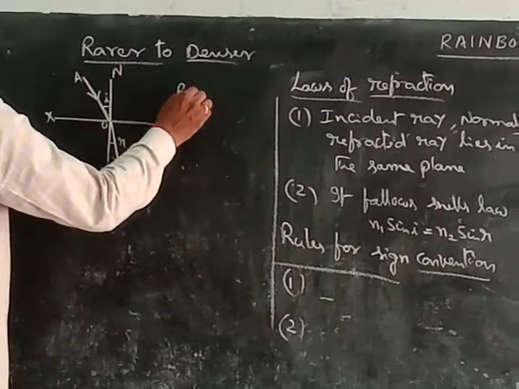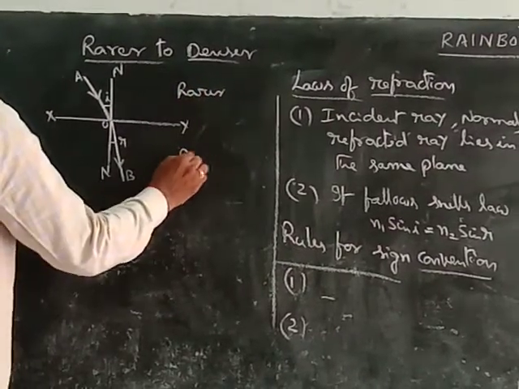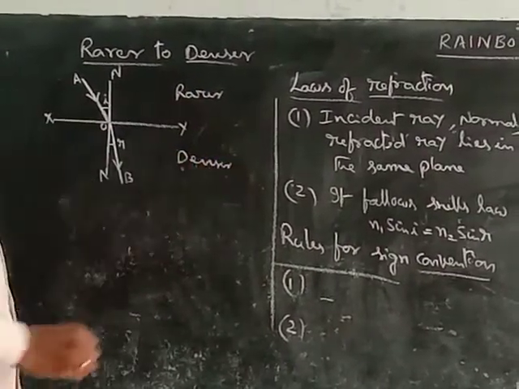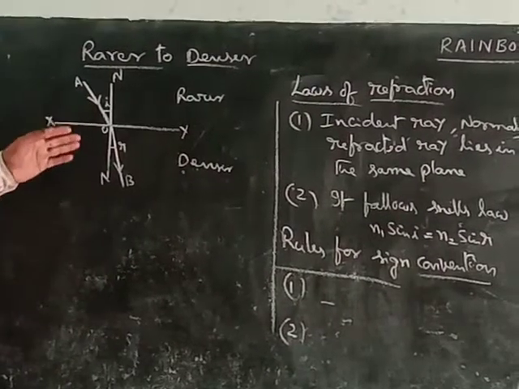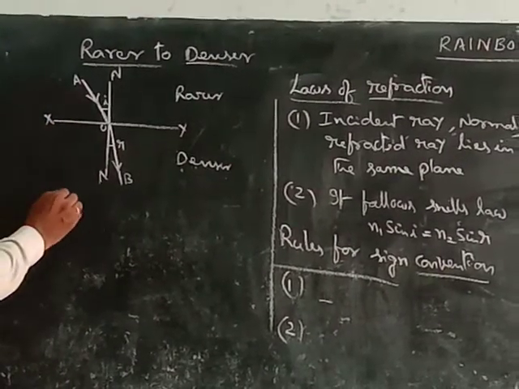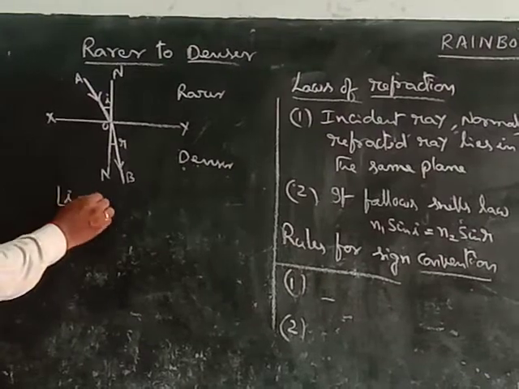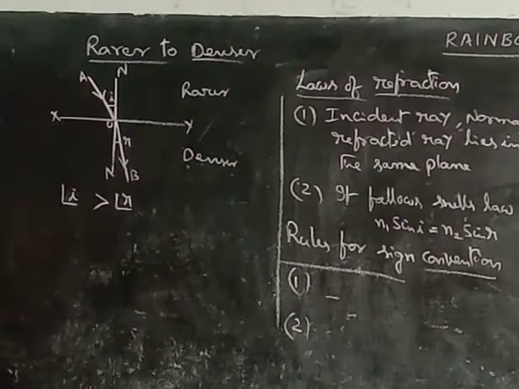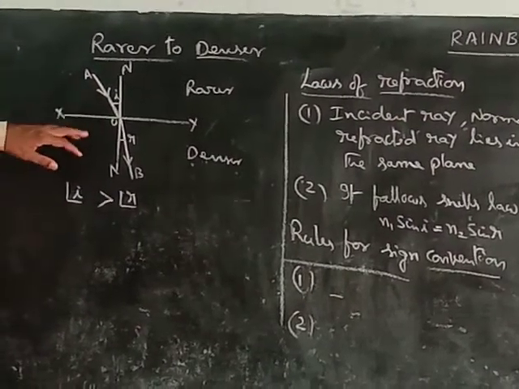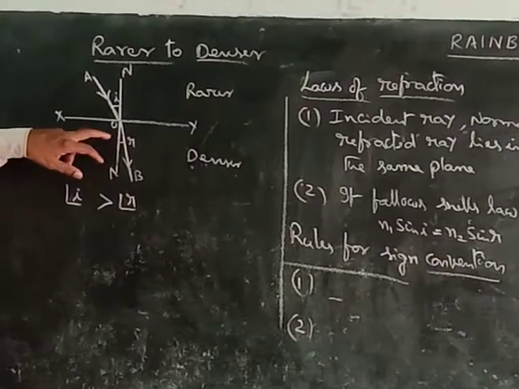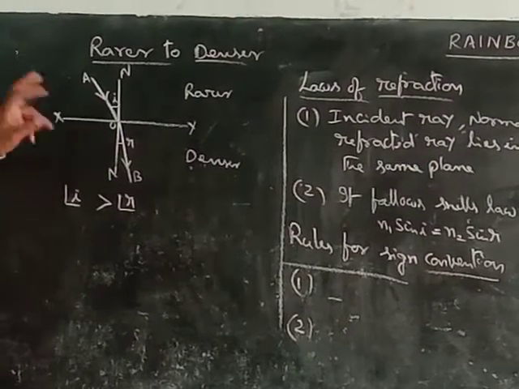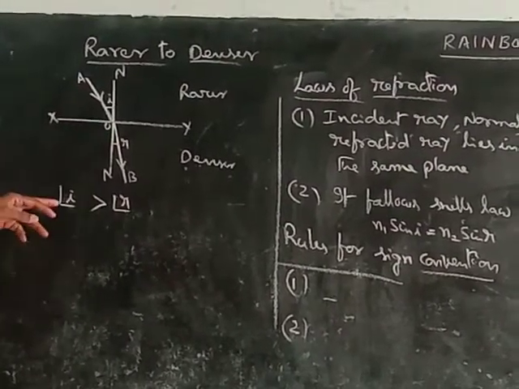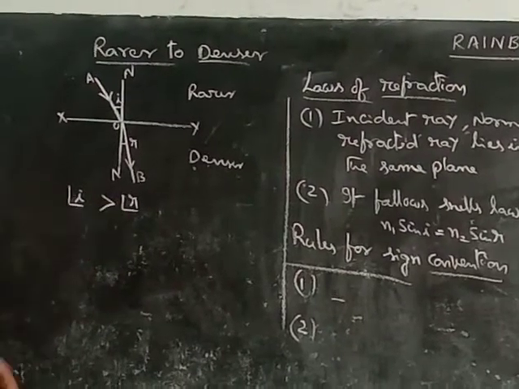This is the rarer, this is the denser medium. Suppose a light ray travels from rarer to denser medium. The angle of incidence is greater than the angle of refraction. That means after refraction, the refracted ray moves towards the normal. That is the main point.